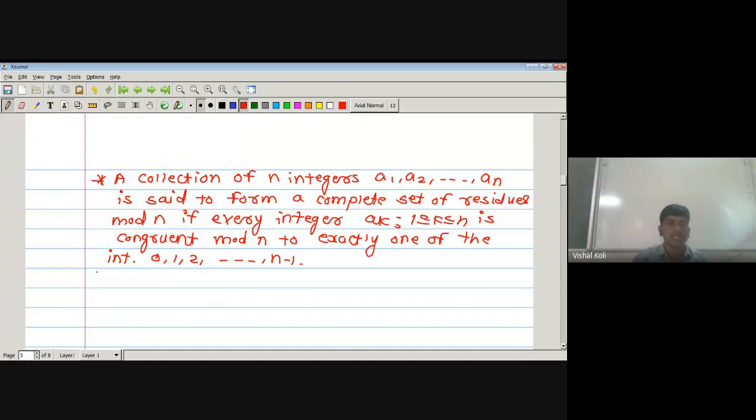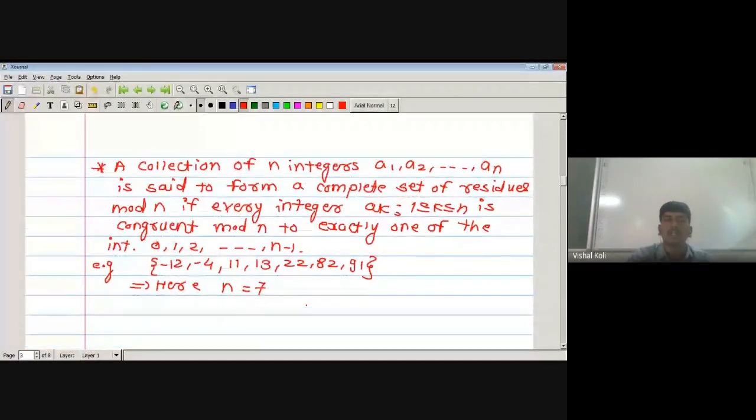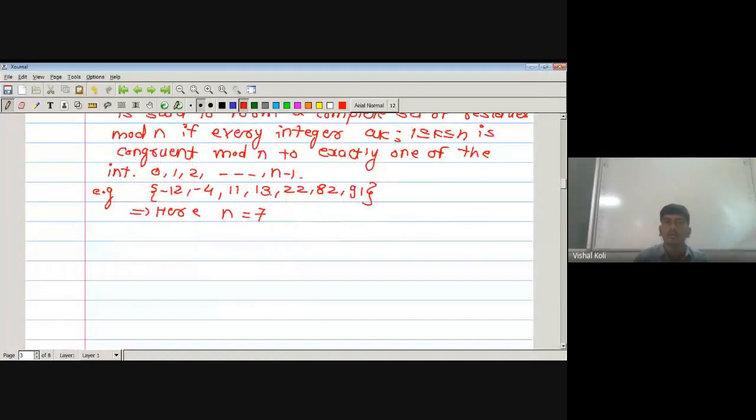For example, let us take this set which contains the elements minus 12, minus 4, 11, 13, 22, 82, and 91. How many numbers are there? There are 7 numbers. That is, here n is equal to 7. Now we have to check whether this set forms a complete set of residues modulo 7.